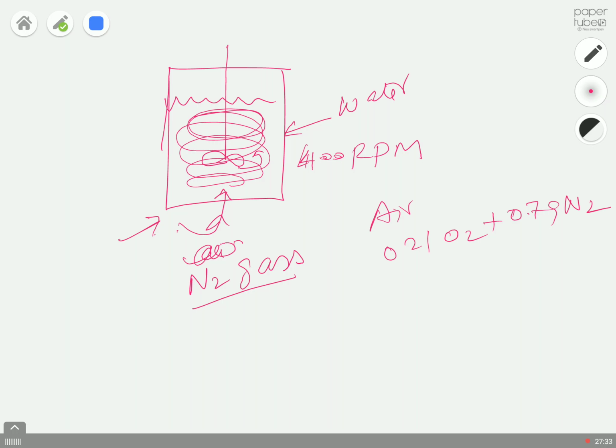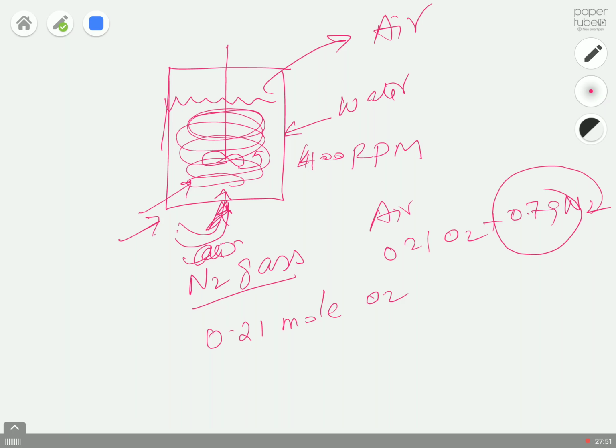Once you supply pure nitrogen gas, it knocks out all the oxygen, and the oxygen comes out with the gas leaving the reactor.